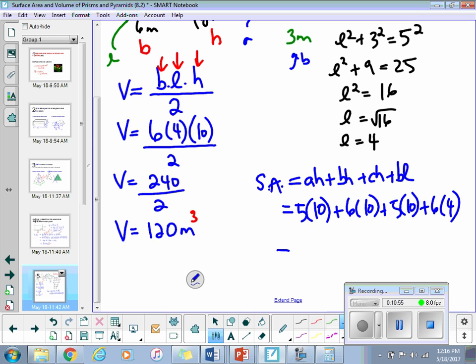So you end up with 184 meters. What are the units going to be? I have meter times meter plus meter times meter, so that's going to be meters squared.